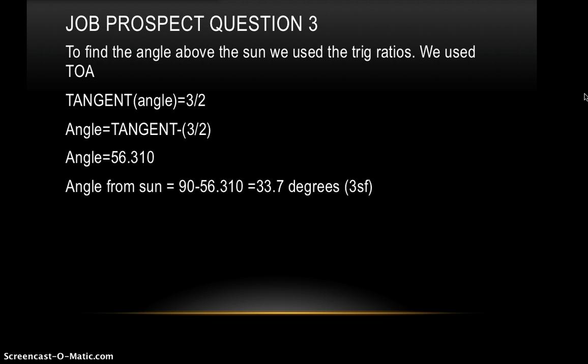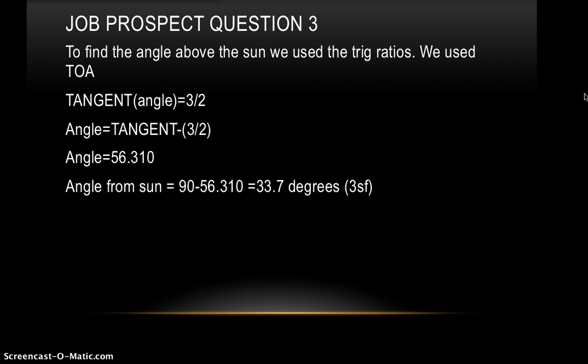For question 3, we were asked to find the angle of the sun above the horizon. Basically, first we use TOA, the trig ratio, so we use tangent of the angle equals 3 over 2, so the angle equals inverse tangent 3 over 2, which is 56.310.